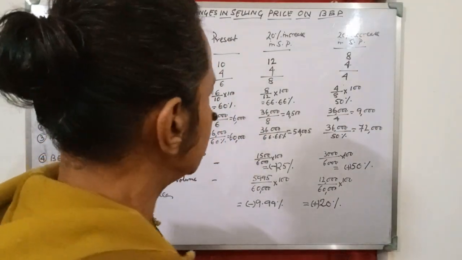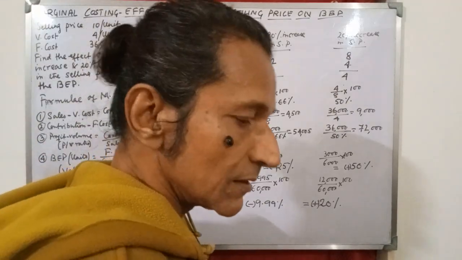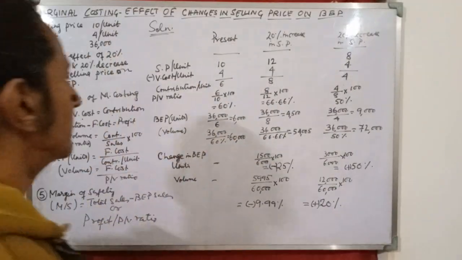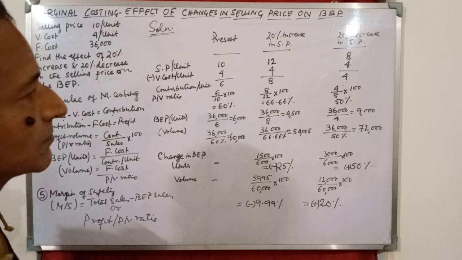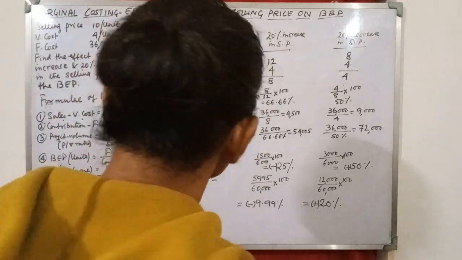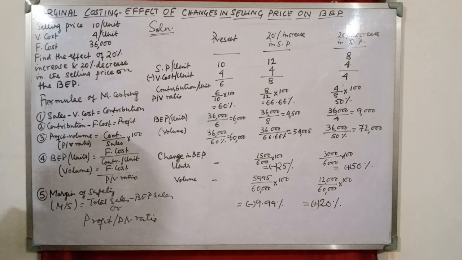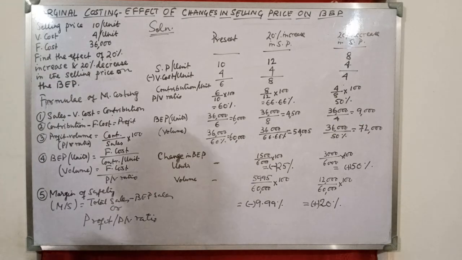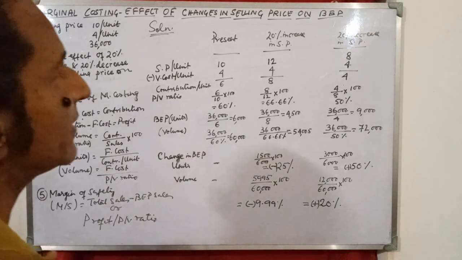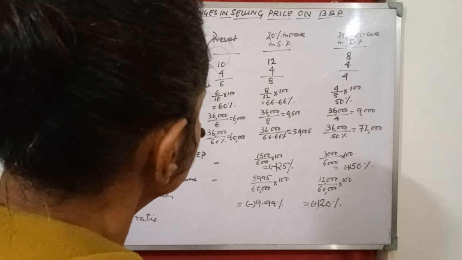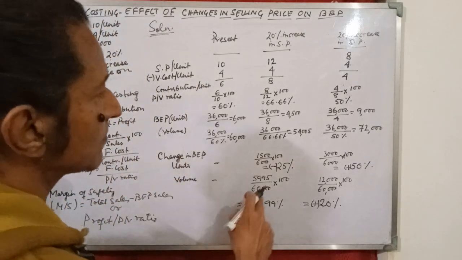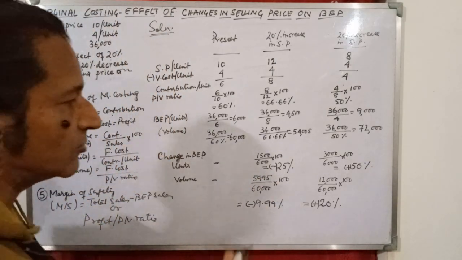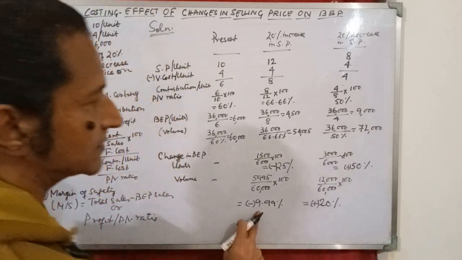So you can see that when selling price is changing, BP in terms of units and BP in terms of sales volume change by different percentages. When the selling price increases from 10 to 12, that is by 20%, then BP in terms of units decreases by 25%, and BP in terms of volume decreases by 9.99%.